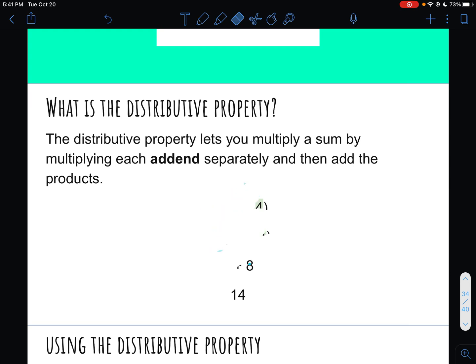I often use the distributive property in my head when I'm trying to do mental math very quickly. Let's say I need to do 3 times 43.